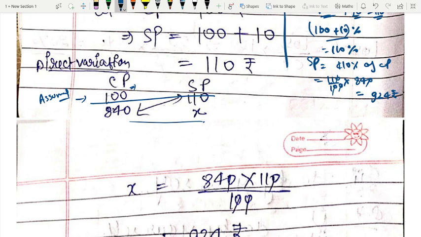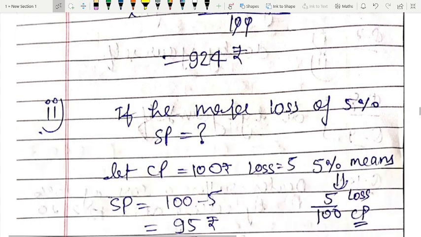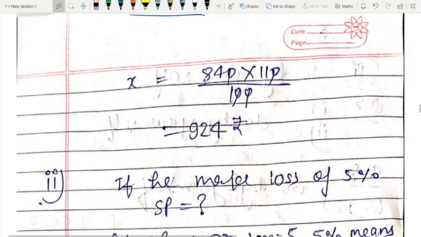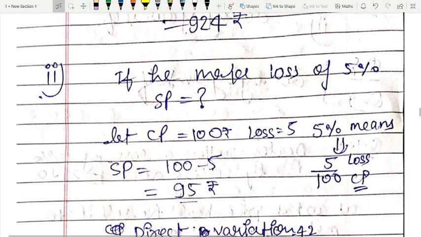So x is the multiplication of 840 and 110 upon 100. In all the questions we will cross multiply like this. The 0 and 0 cancel out, and after multiplying 84 by 11 you will get 924.